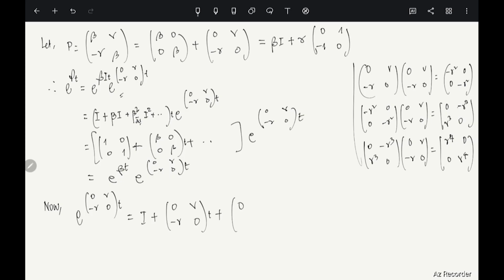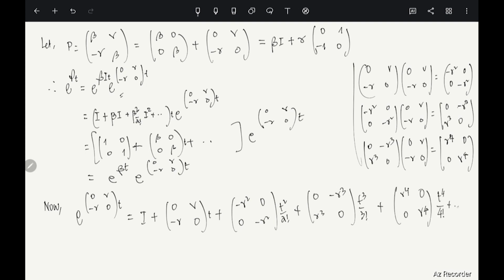If you put it together, then the square is minus gamma square 0, 0 minus gamma square, times t square by 2 factorial, plus the cube part 0 minus gamma cube 0, t cube by 3 factorial, plus gamma power 4 0 0 gamma power 4, t to the power 4 by 4 factorial, and it goes on like this.